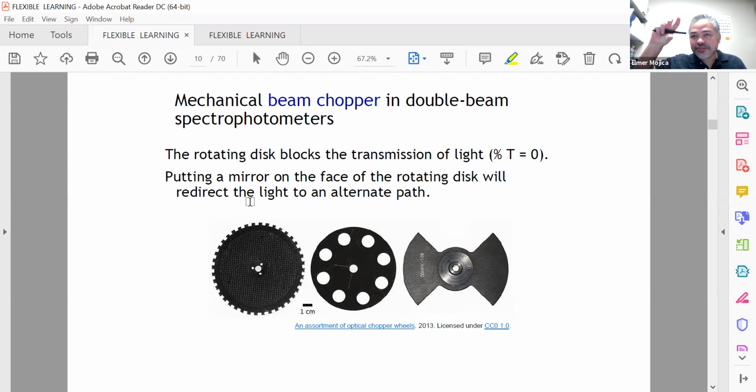So I told you, sample and reference. Once it passes through here, it goes to the sample. Once it goes here, it goes the other way, or let's say it goes here and then gets chopped. So there's an alternating thing that happens.